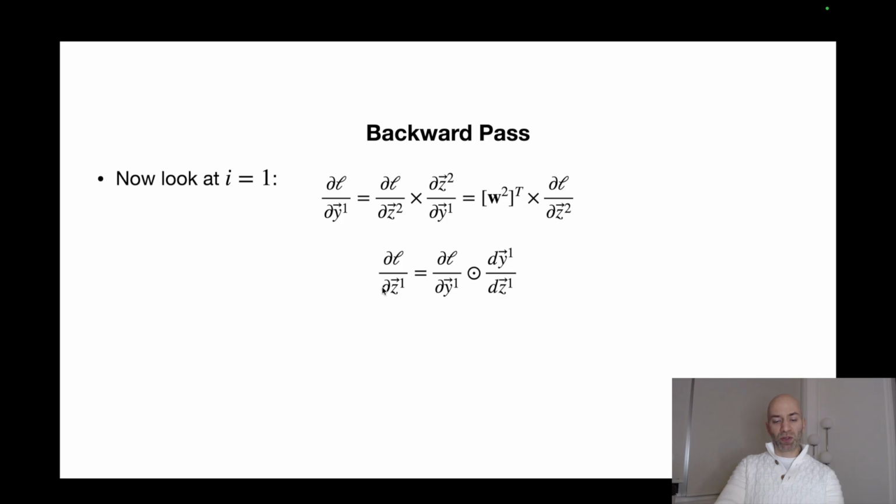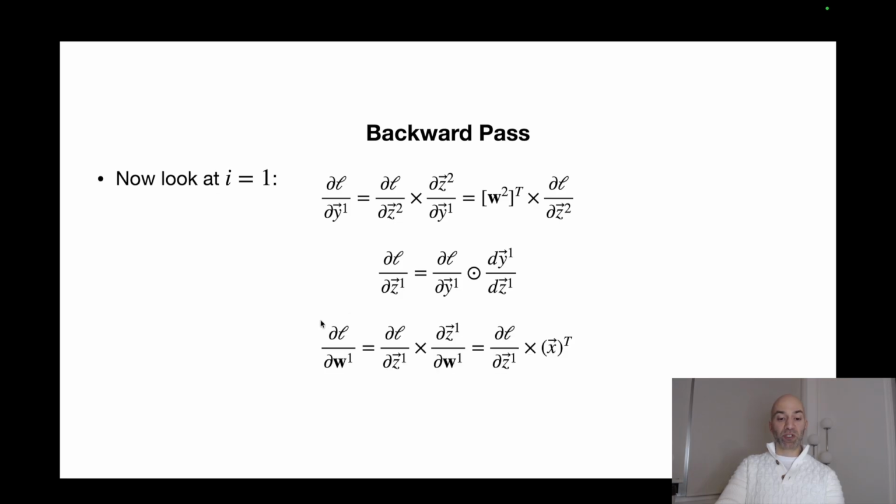We can now look at the derivative of the loss with respect to Z1 for a hidden layer. And this then just works out to be the derivative of the loss with respect to Y1 multiplied by the derivative of Y1 over Z1. And so again, this operation here is element-wise multiplication. And so we can use the derivative we have above to fill this in.